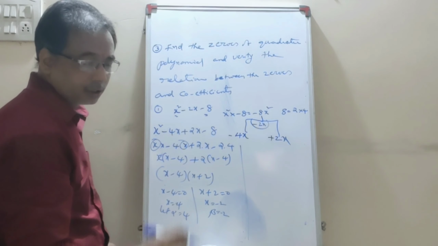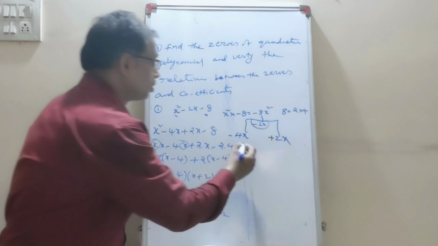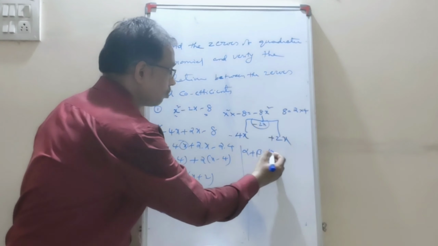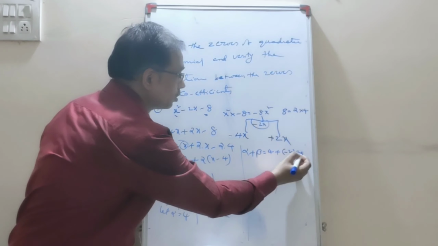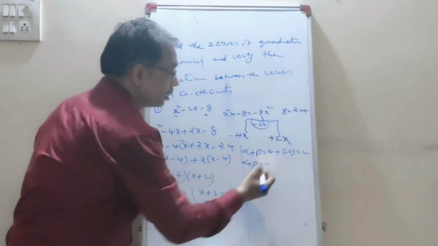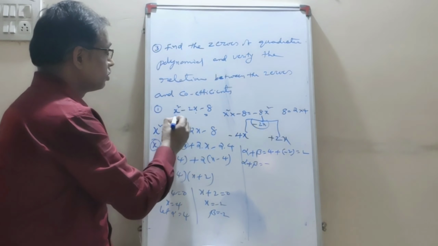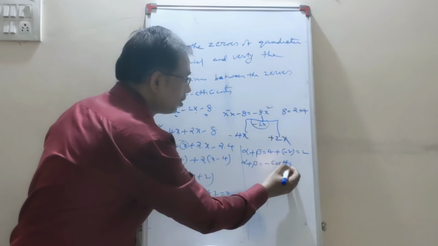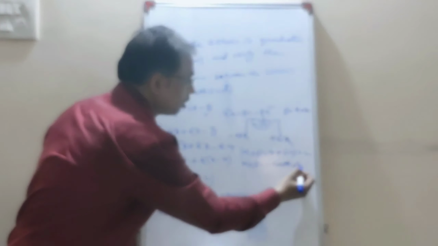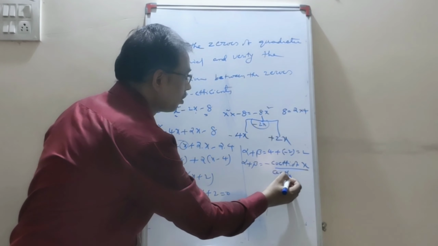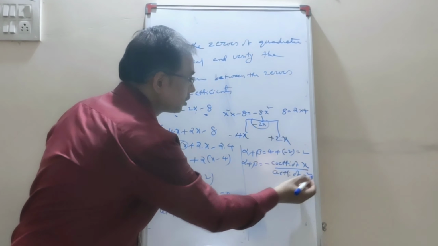Okay, sum of the zeros, that is alpha plus beta. Add them simply: 4 plus of minus 2, that is 2. Actual formula: alpha plus beta equal to what? Minus b by a, that is minus coefficient of x by coefficient of x square.